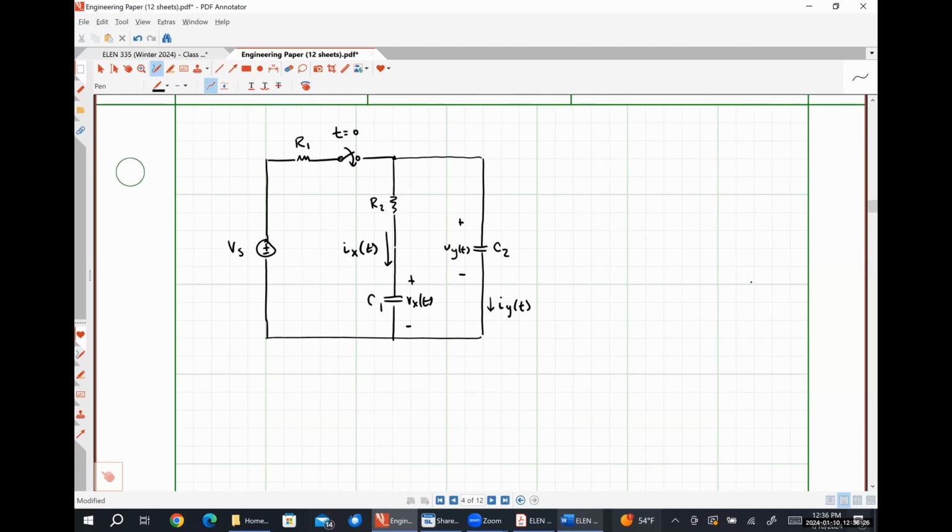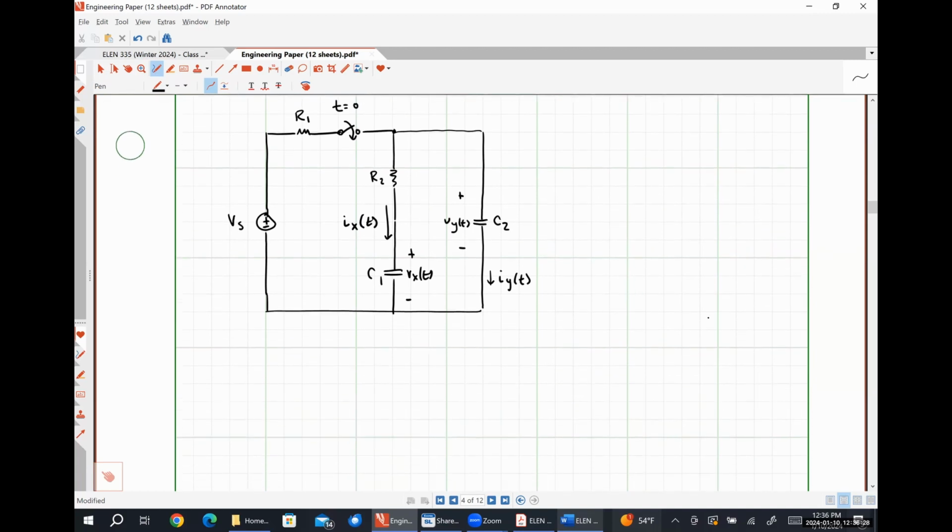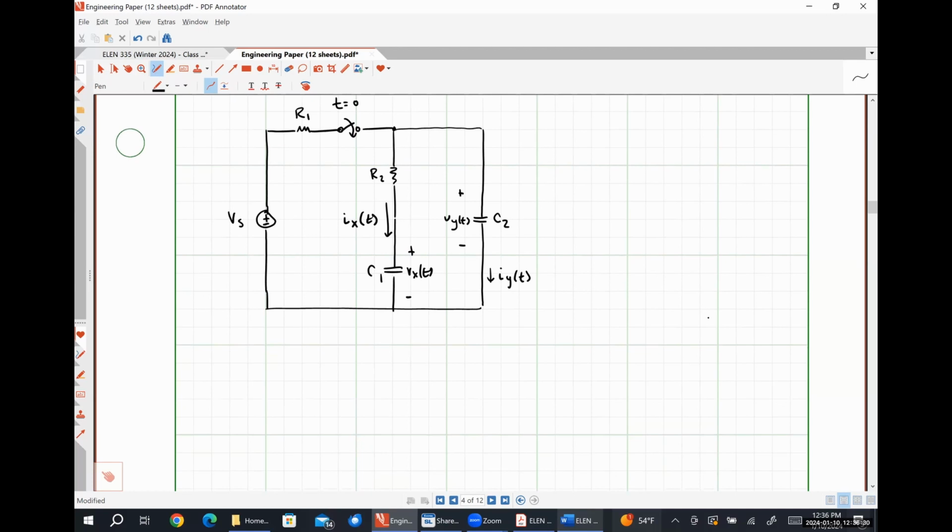I'm going to write that as the current flowing in, which would be Vs minus Vy divided by R1, will be equal to Ix plus Iy.